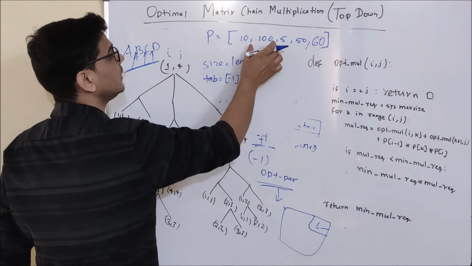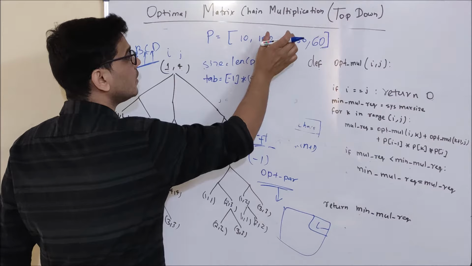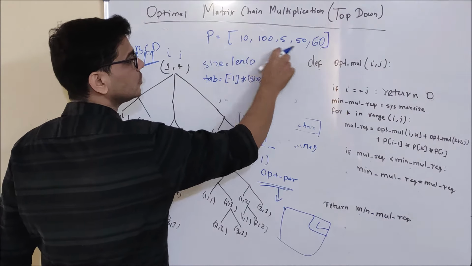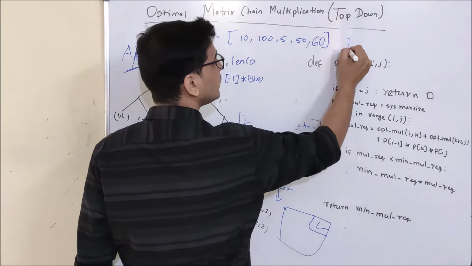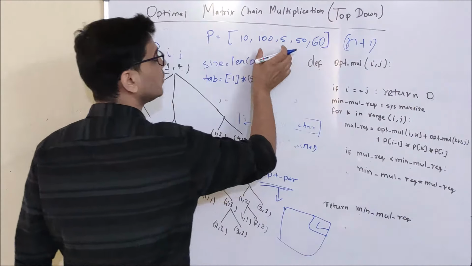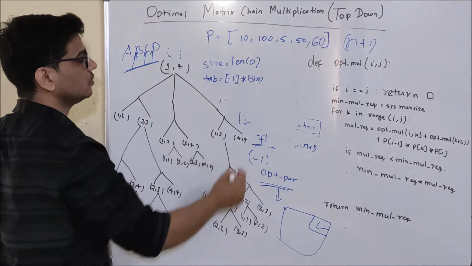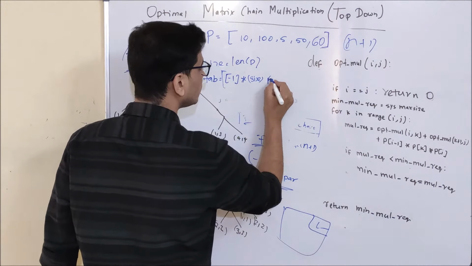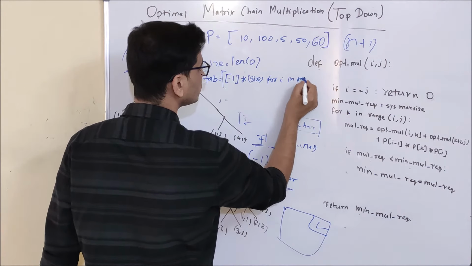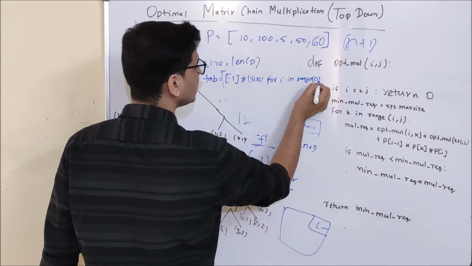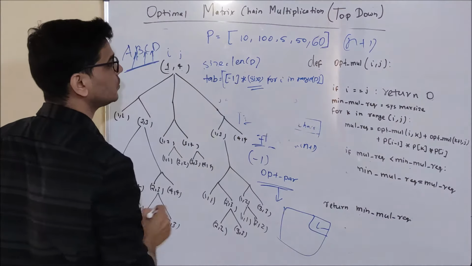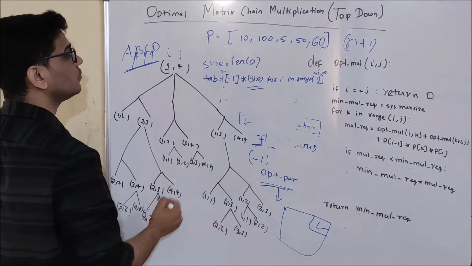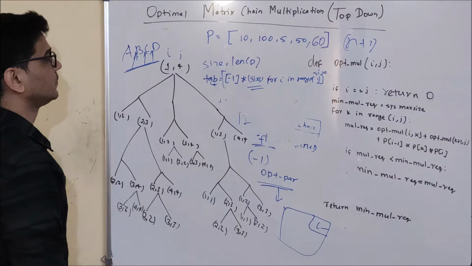And here in this P we have total n plus 1 indices, that is, the dimensions of n matrices give n plus 1 indices. So I am going to use the length of P to create my table, for i in range of it, this will be size. This is what I am going to use for creating my memo table.